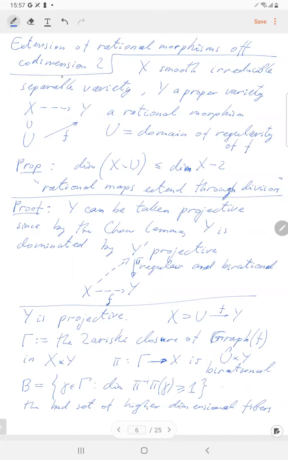Okay, so it is a subset of gamma, and by the upper semi-continuity of dimension of fibers, this B inside gamma is closed.